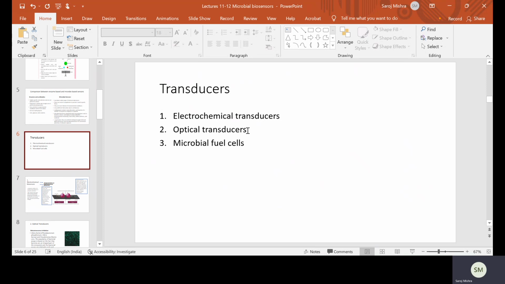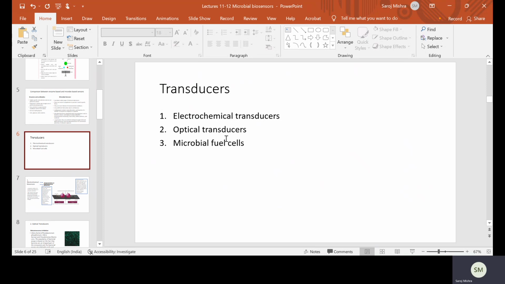It could be luminescence or fluorescence. The third kind of transducer which can be used under microbial biosensors is called microbial fuel cells.